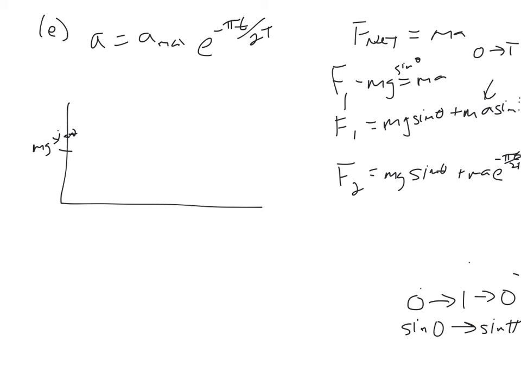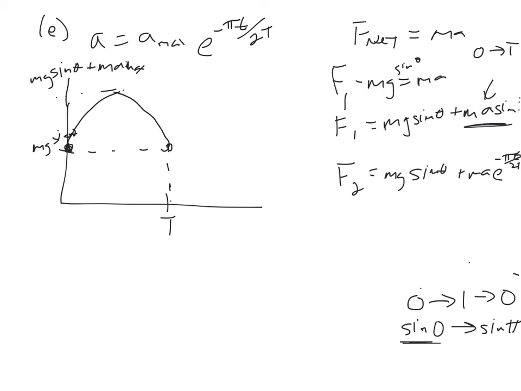That means in our graph, the original force should start off at mg sine of theta, because at t equals 0, sine is 0, so this whole term goes to 0. Then it should go up to some maximum value, and come back down to 0. This maximum value ends up being mg sine of theta plus ma max.